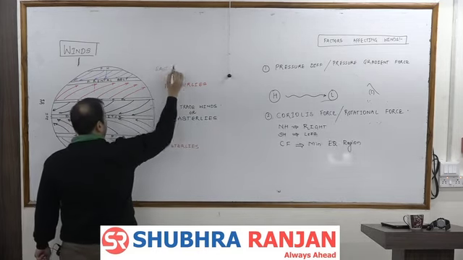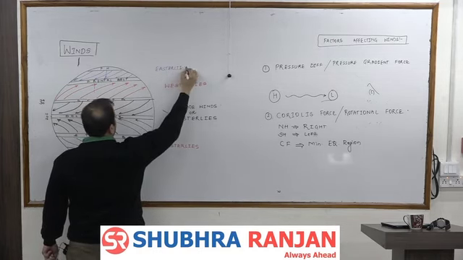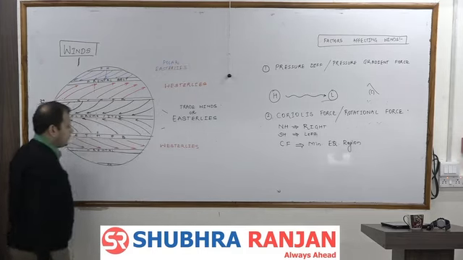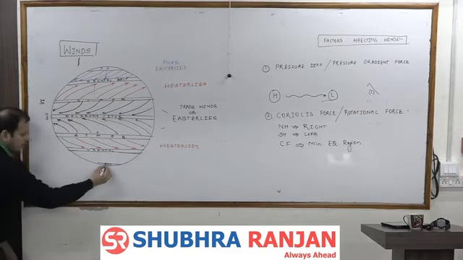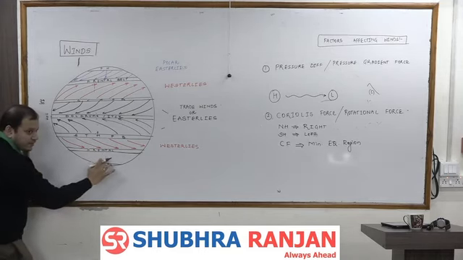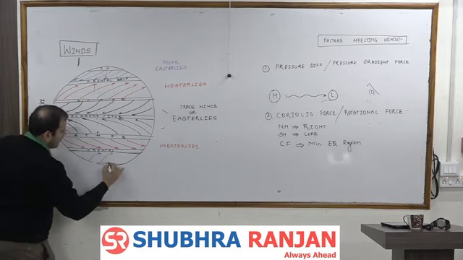But to avoid the confusion, we will call this as polar easterlies. Similarly, high pressure to low pressure, but it will get deflected to the left, your left.